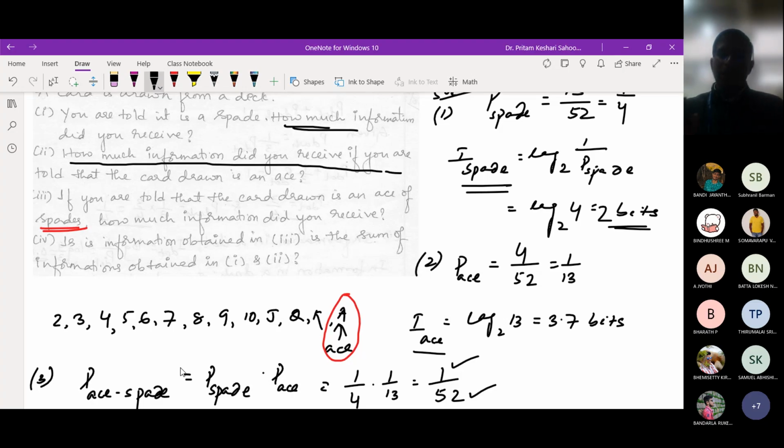The answer is getting a spade card is having high probability of occurrence, because in a deck there are 13 spade cards. There are 4 S's, and there is only one card which is S of type spade. So getting a spade card is having high probability. So if you see the information here, you will have 2 bit.